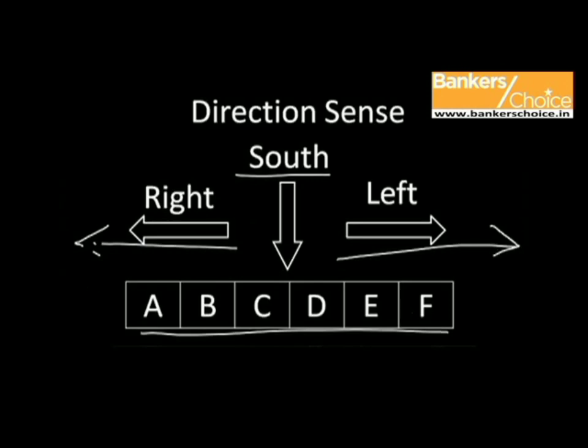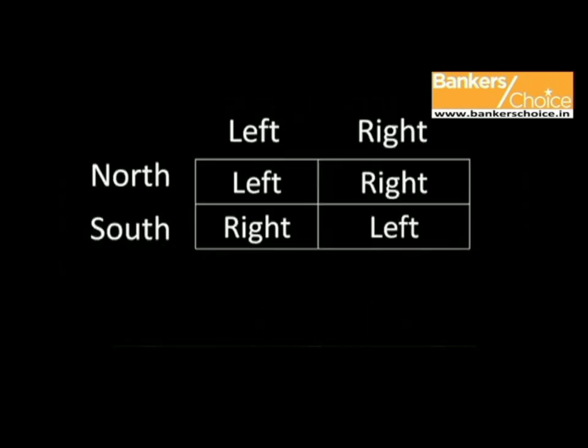Now these 2 points can be understood very easily by the following table. When the persons are facing north, the left of the person is towards our left and the right of the person is towards our right. And when the persons are facing south, the left of the person is towards our right and the right of the person is towards our left.